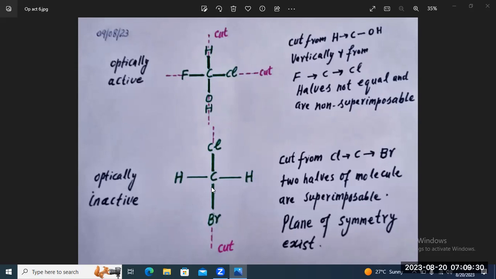If you cut from here to here, you will get similar halves that would be mirror images to each other, and they would be superimposable to each other. So this molecule is optically inactive.